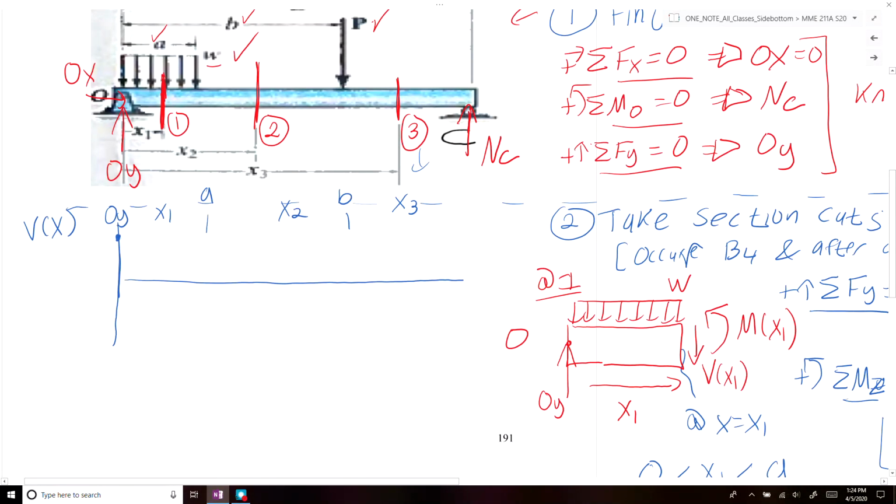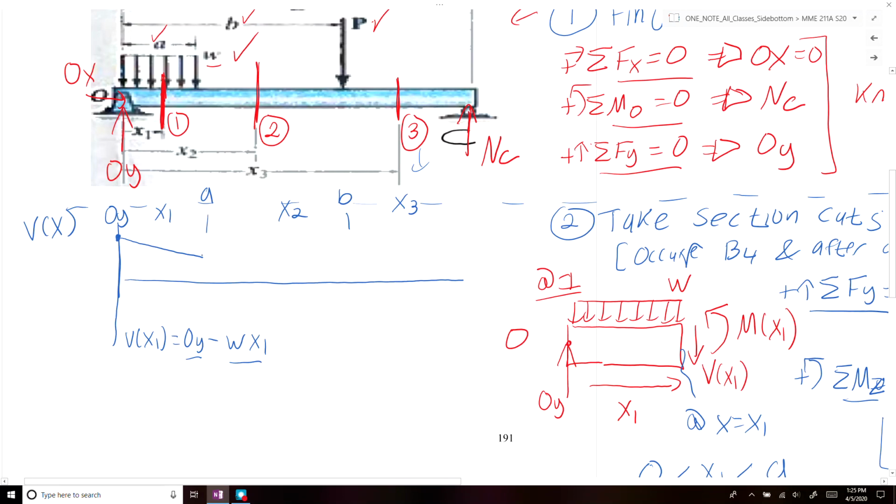All right, so at x1, we have V of x1 is equal to O of y minus w x1. All right, so O of y is a constant, w x1 is basically a slope of a line. So what we'll get is something that looks like this. Okay.